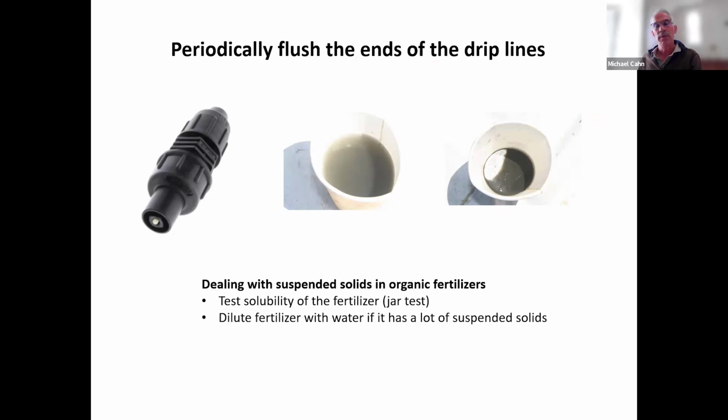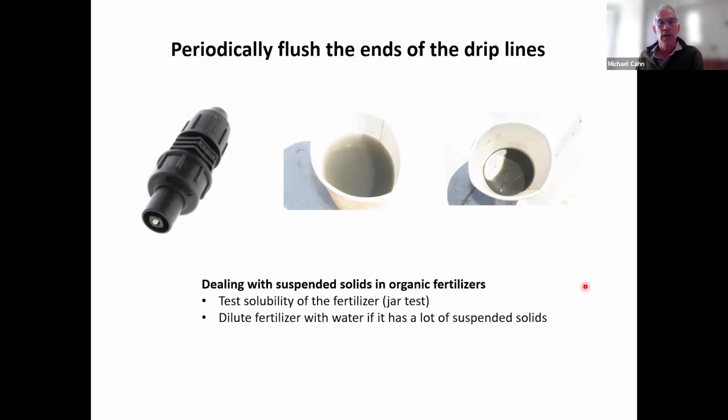And then, periodically you could get bacterial growth inside these systems. So having some bleach applications to kill any growing bacteria in that drip line would also be helpful for preventing the plugging of those emitters.